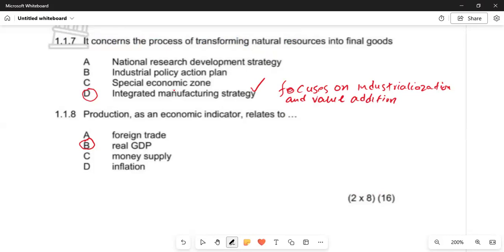production measures the total output of goods and services.